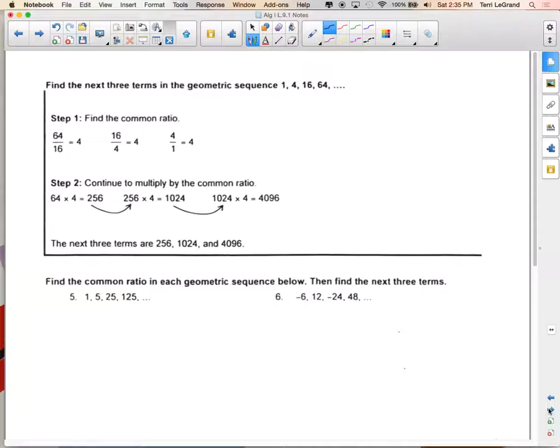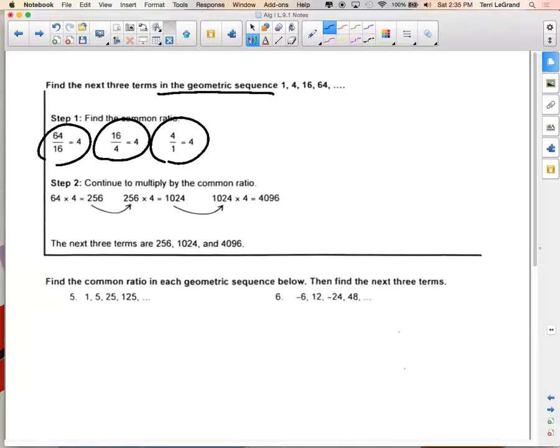Find the next 3 terms in the geometric sequence, 1, 4, 16, 64. Well, in reality, if they say it's a geometric sequence, they're already telling us it's geometric, so we really would only have to do one of these. We just have to find the R value. In problems like this where it says find the next 3 terms in the geometric sequence, you just need to find the R value by doing one division problem.